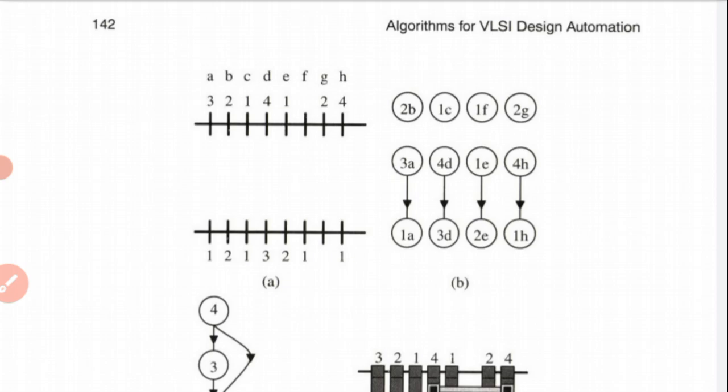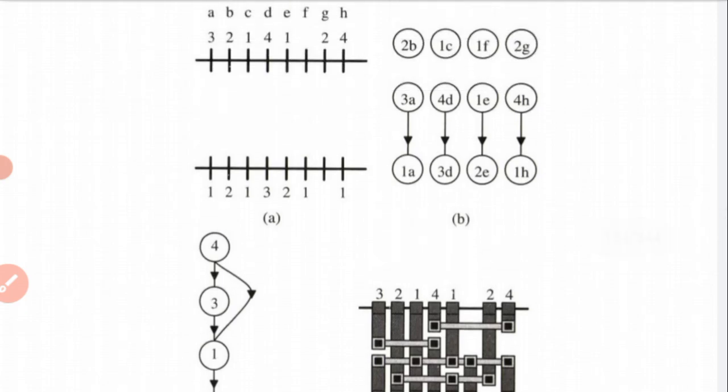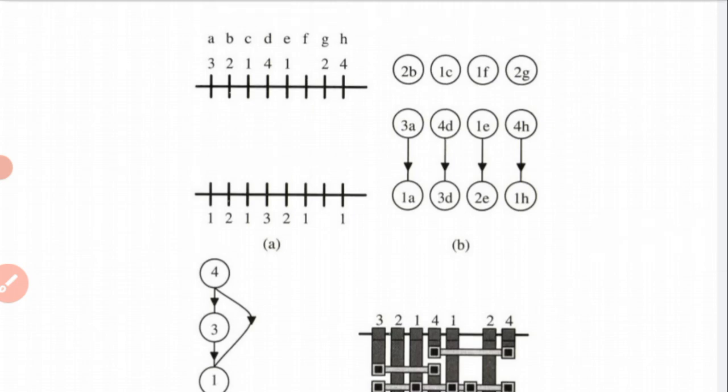Figure a shows a simple channel routing problem, and the second one shows the vertical constraint graph based on individual columns. The columns are labelled a, b, up to h.